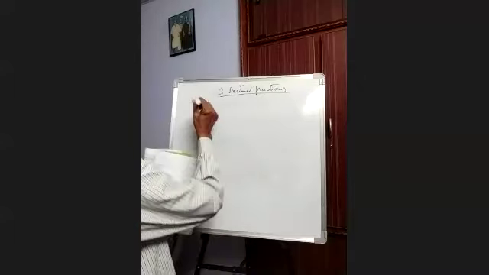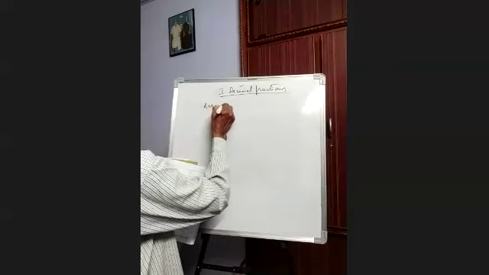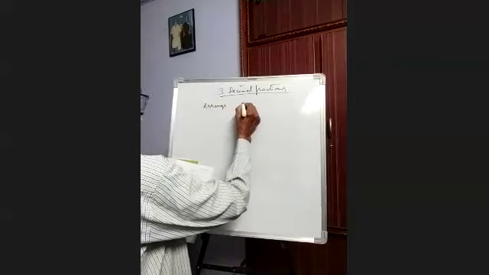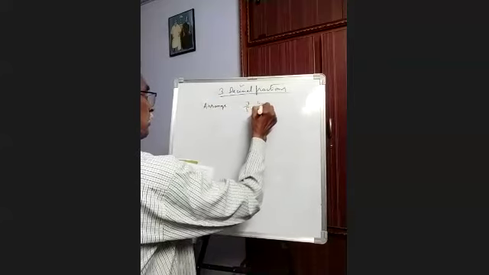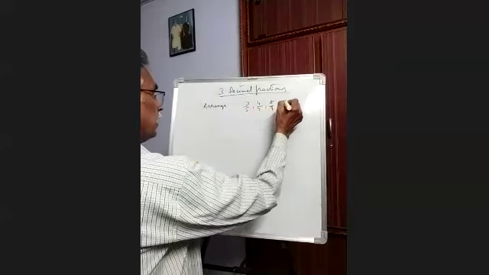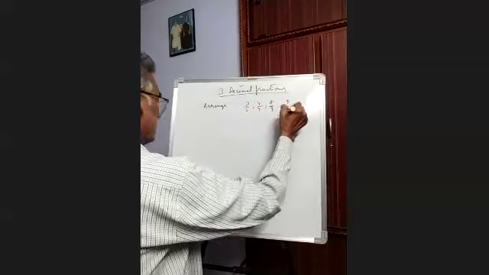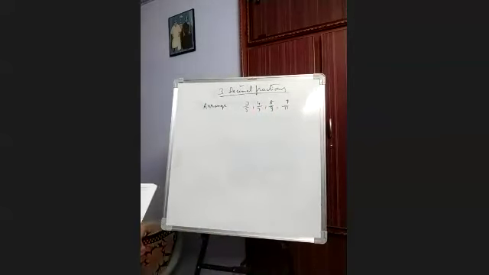Write down, arrange the fractions 3 by 5, 4 by 7, 8 by 9, and 9 by 11 in their descending order.